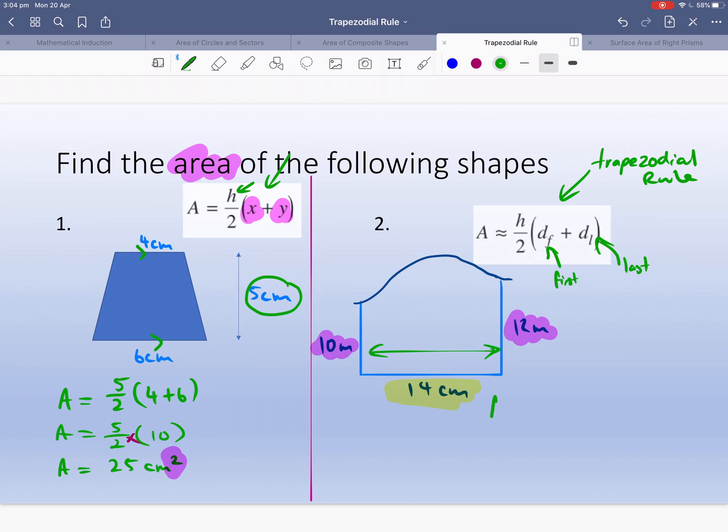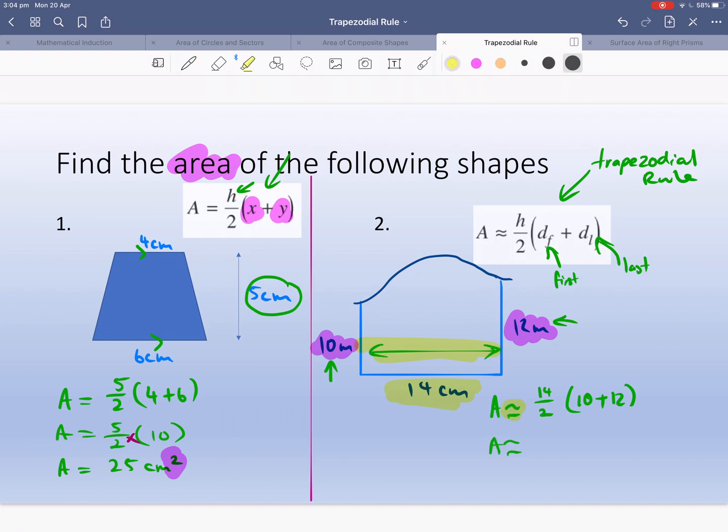All right, let's do it. So A is approximately equal to, what is our H? It's the distance between the two values. So it will be 14 over 2, bracket, what's our first value? That's that there. What's our second value? That's that there. Now we're just going to work it out.